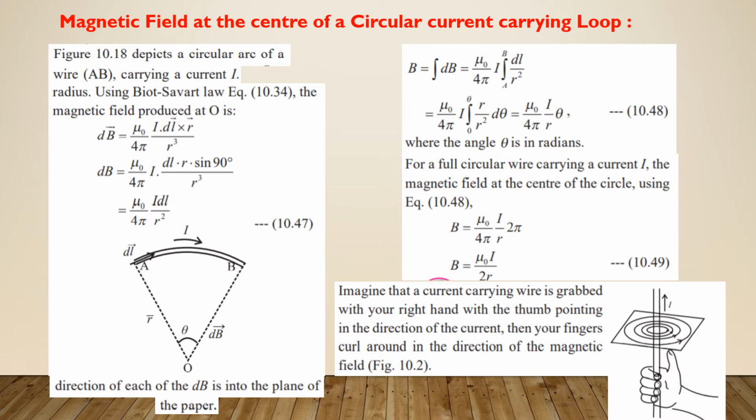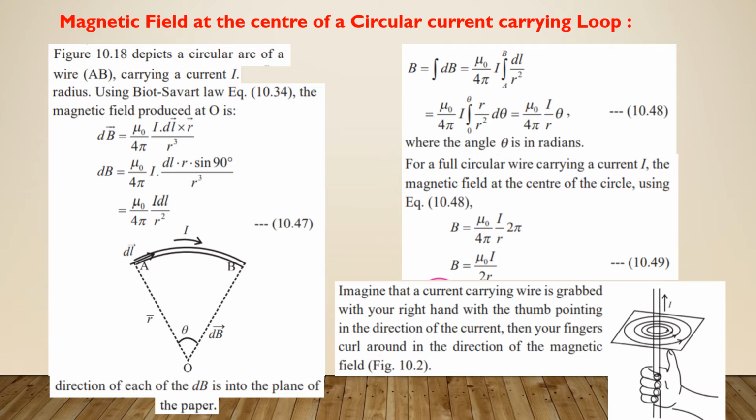The direction of each of these dB can be given by the right hand rule, which states that if a current carrying conductor is held in the right hand with the thumb pointing in the direction of the current, then the fingers curled around it give the direction of the magnetic field.